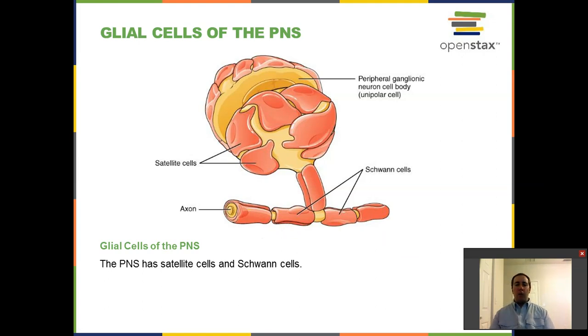So the Schwann cell wraps its own body around the axon. The oligodendrocyte wraps a tentacle around, whereas the Schwann cell wraps its whole self around it. So here, this is the peripheral nervous system. We see the Schwann cells wrapped around the axon, and we also see some satellite cells, which again maintain the atmosphere or the environment around it, that are anchored to the neuron itself.